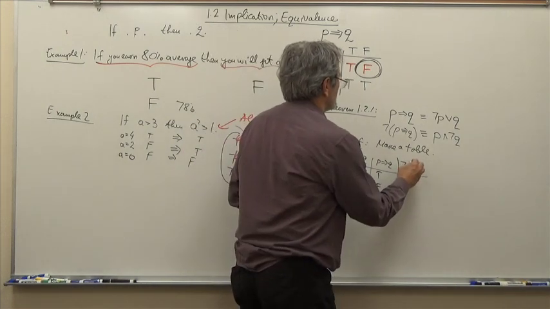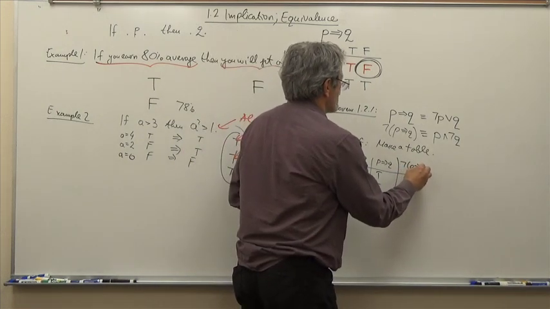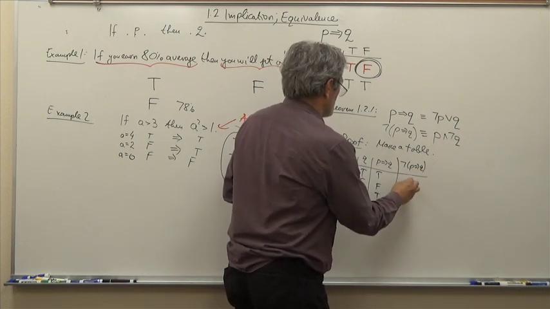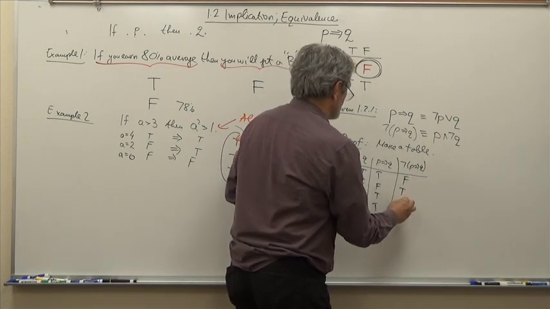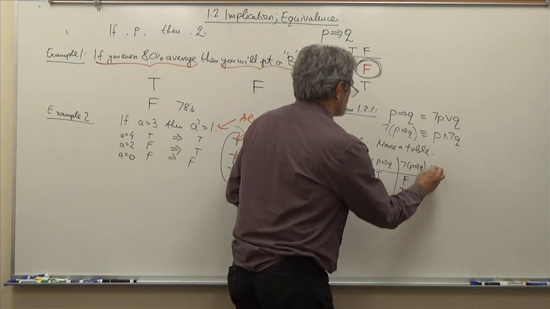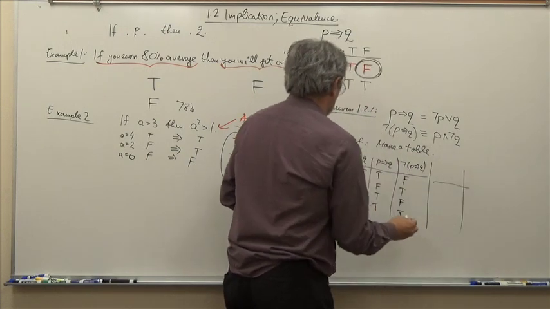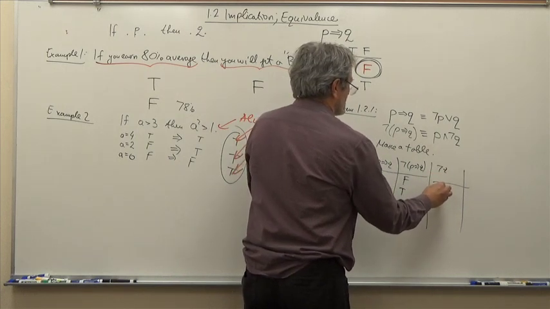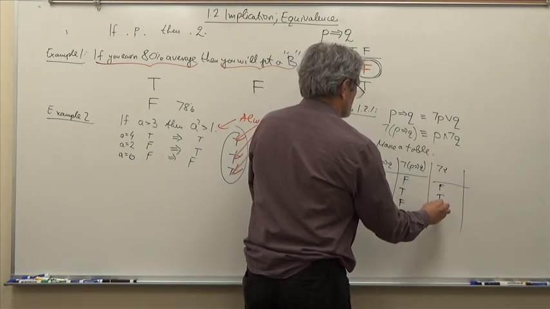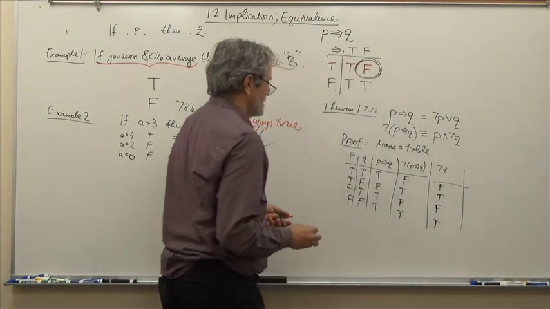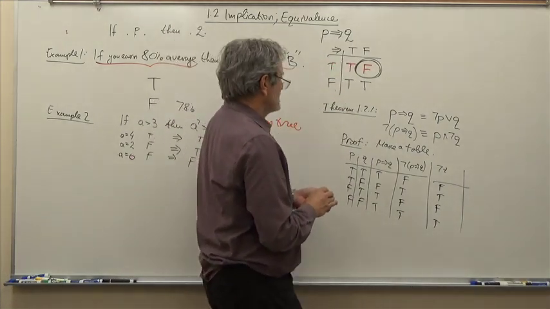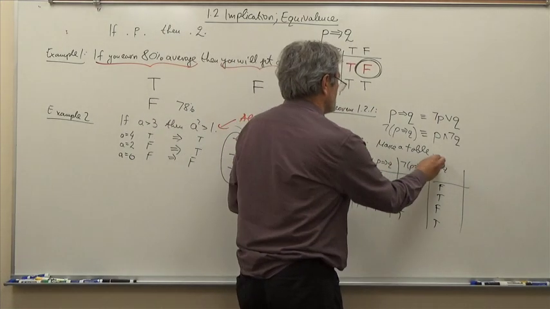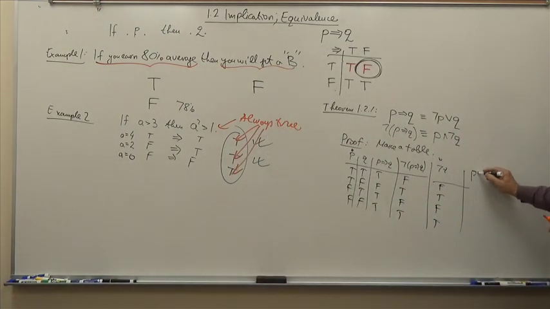Negation goes the other way around: false, true, false, false. I need not Q here. I reverse Q: false, true, false, true. And then P and not Q, it's this line and this line.